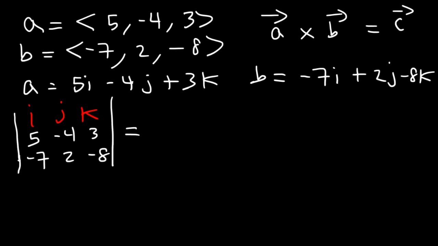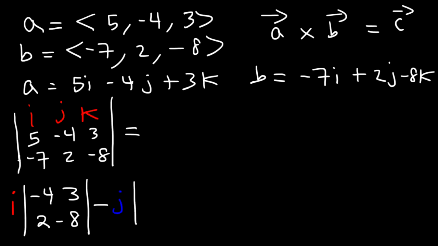So first, let's start with i, which is in the first row, first column. And that's going to produce the 2 by 2 matrix, negative 4, 3, 2, negative 8. And then it's going to be minus component j, which is in the first row, second column.